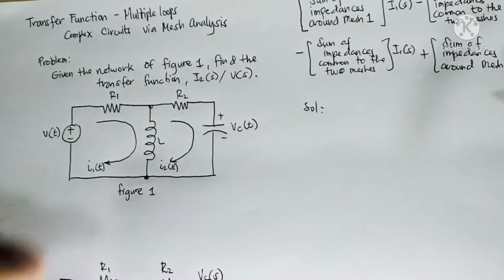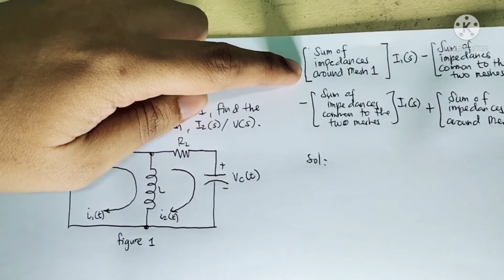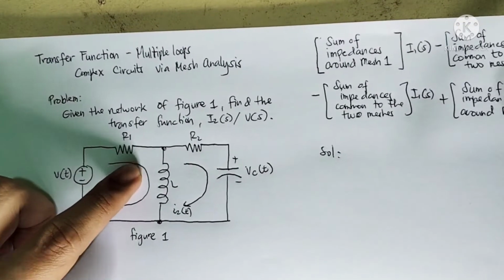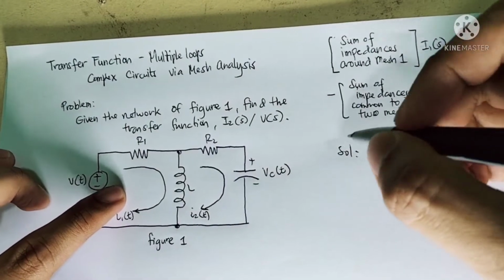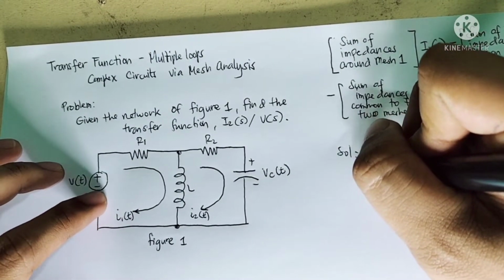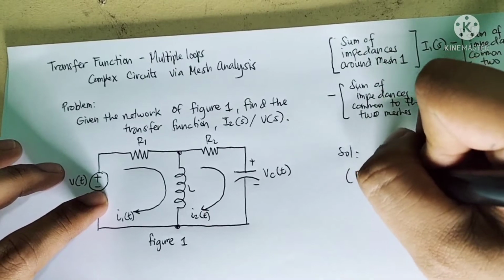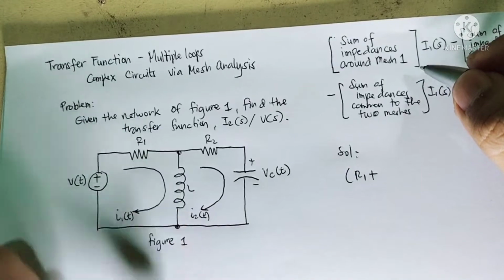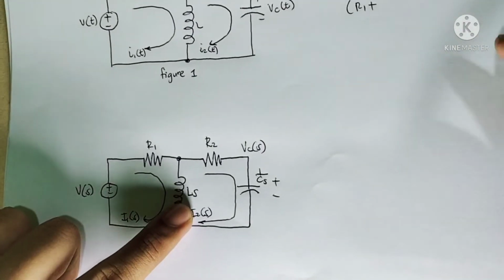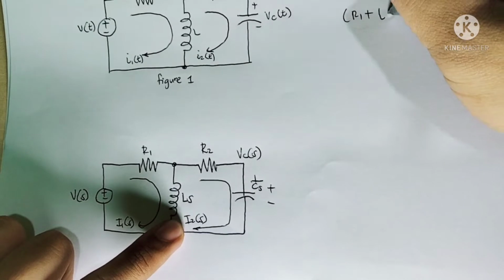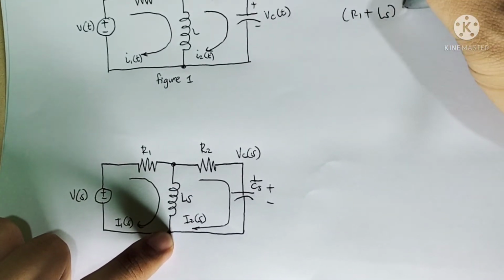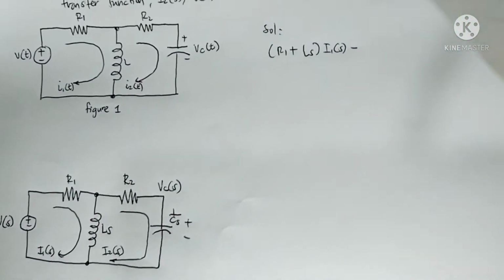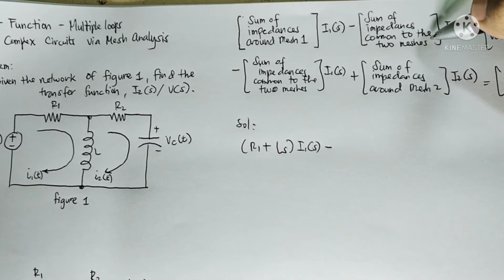The sum of impedances around mesh 1 is R1 plus Ls, times I sub 1 as a function of S, minus the sum of impedances common to the two meshes.